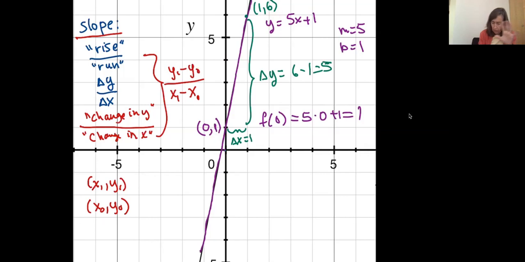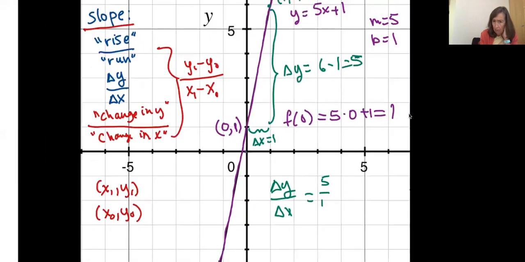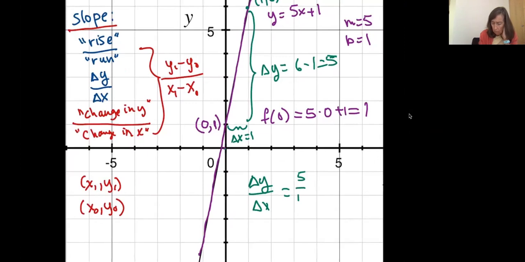So just so I'm not doing anything that looks like smoke and mirrors here, for this particular function, delta y over delta x is 5 for 1. I really need to make my screen stop doing that. Makes us all seasick. And that is indeed the slope.